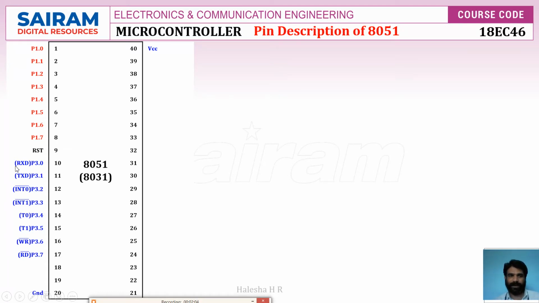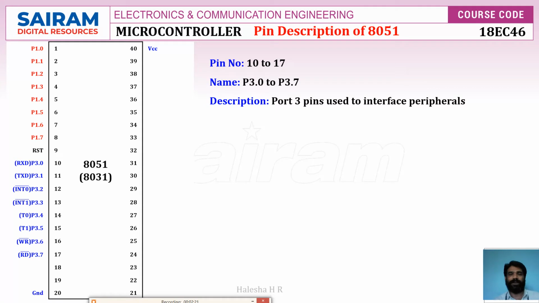In brackets we write another function, that is RxD, TxD, which is called the alternate function. Port 1 does not have an alternate function, it is used only for input or output, but port 3 pins have alternate functions. Pin numbers 10 to 17 are named P3.0 to P3.7.